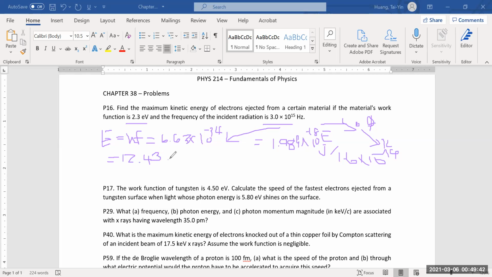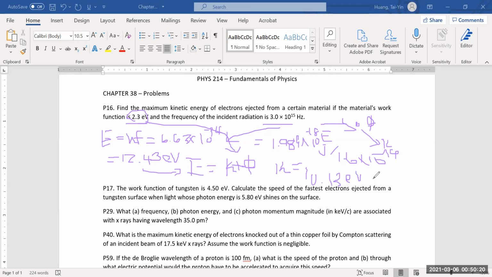eV. Once you have your E, and we know the work function is 2.3 eV, the energy is equal to the kinetic energy plus the work function. So once you have these two, you can calculate K. Your K value is about 10.13 eV.